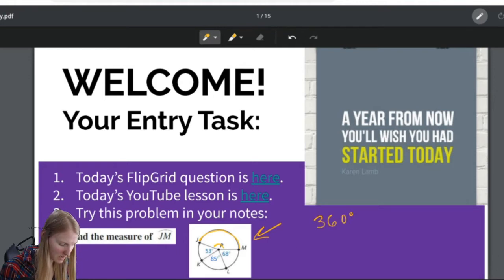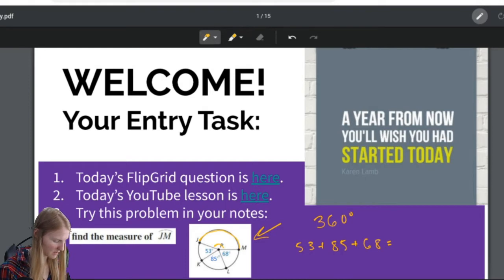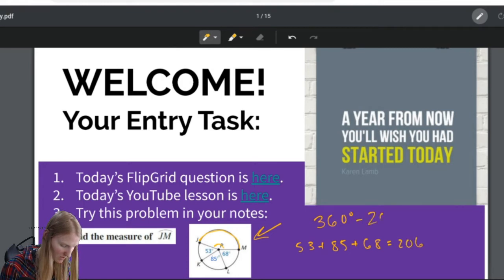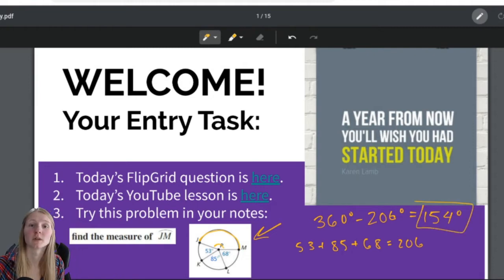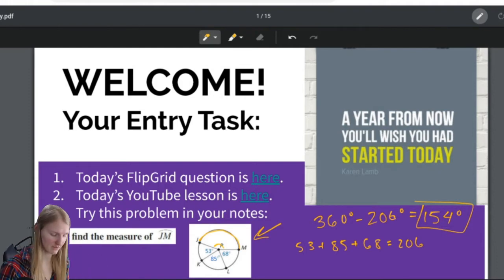So if I add 53, 85, and 68 together, I will get 206, and then all we have to do is do 360 minus 206, which is 100 and, whoa, that's a 4. 154 degrees. That's what the measure of not angle JM, the measure of the arc JM is.